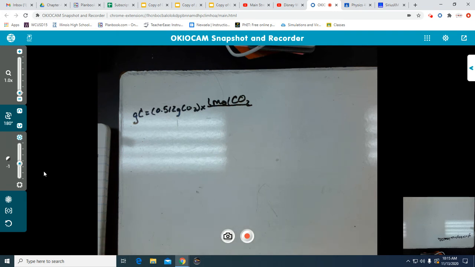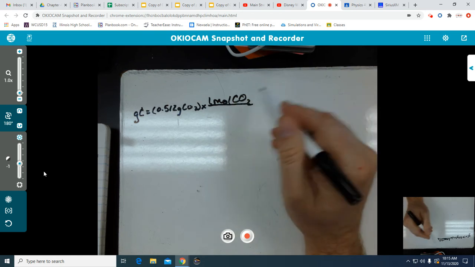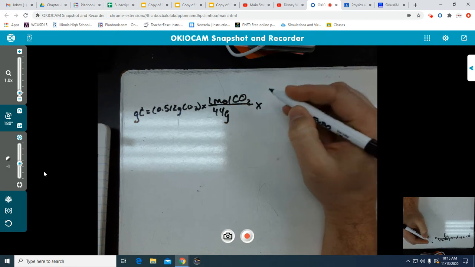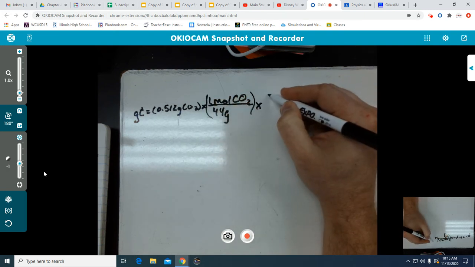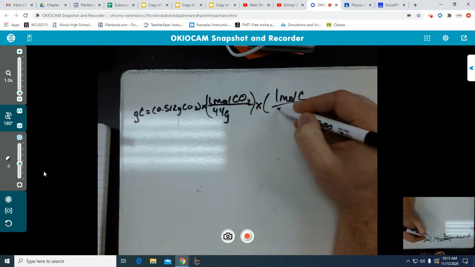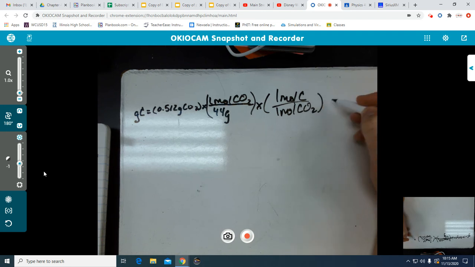It should become a form of habit for us whenever we get to this point. So we have 44 grams, which gives us moles of CO2. We then have to get to moles of carbon using the mole ratio. Again, there's 1 mole of carbon for every 1 mole of CO2 because we look at the subscripts here.